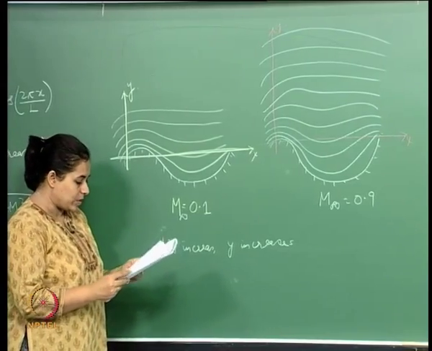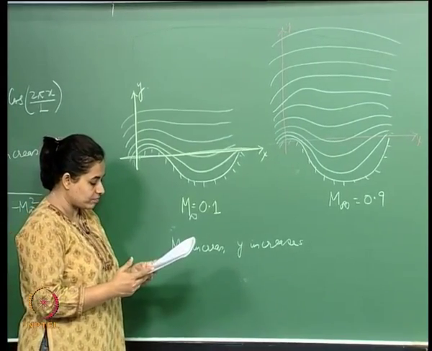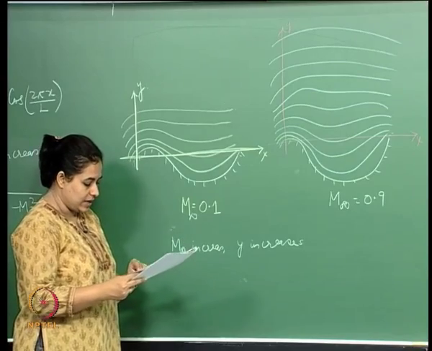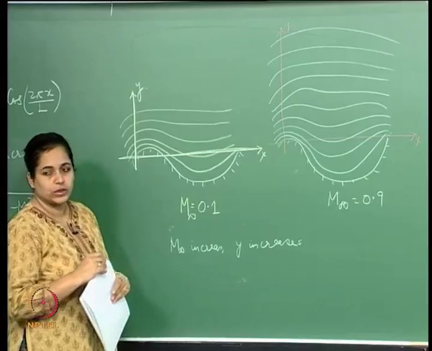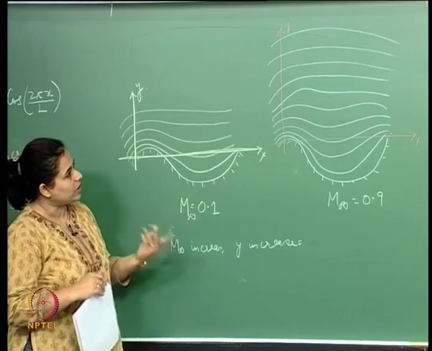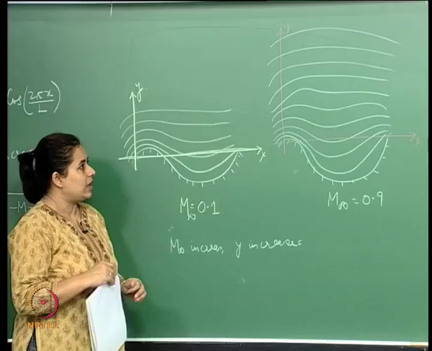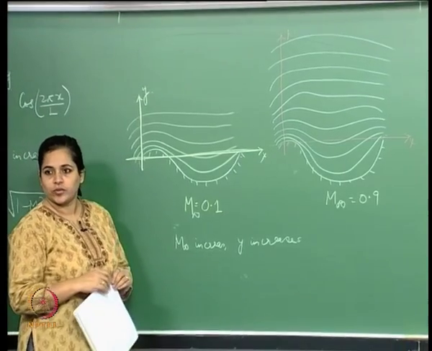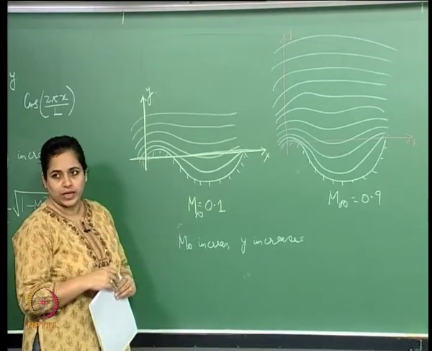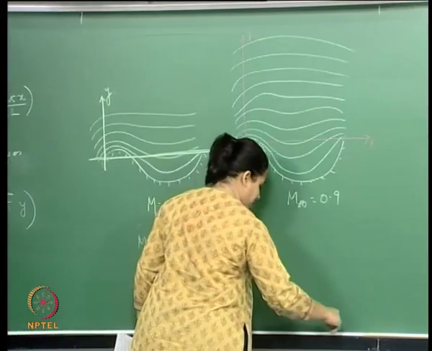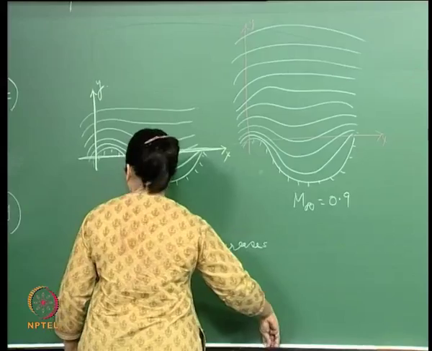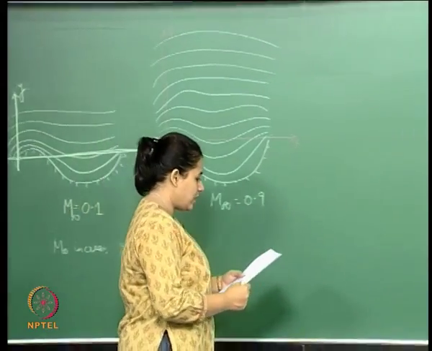So, having done this, let us go and look at the same problem for a supersonic case, using the same linearized theory, and see what we can infer from there and what sort of equations we will get, and how we go about solving those, and then we'll sum it up. All right, so here we go.